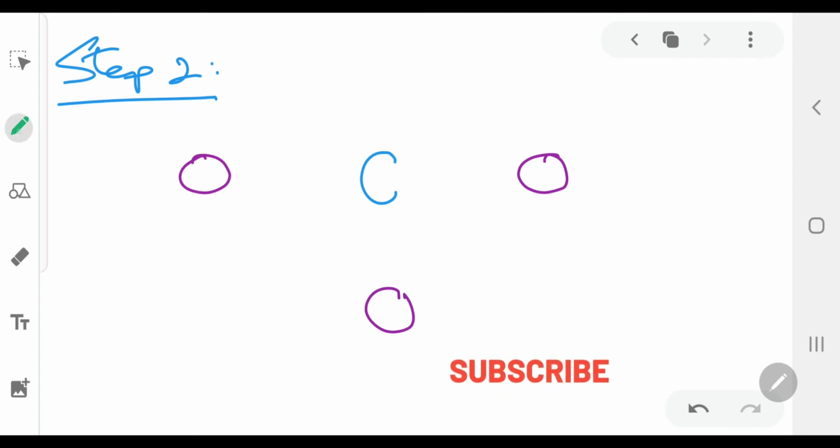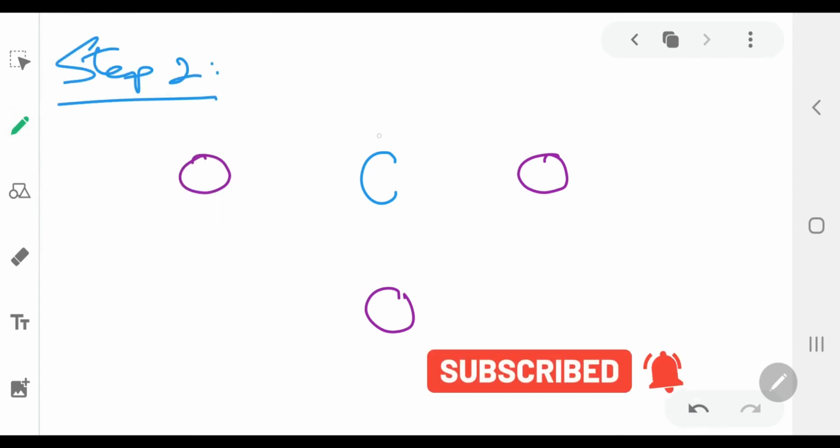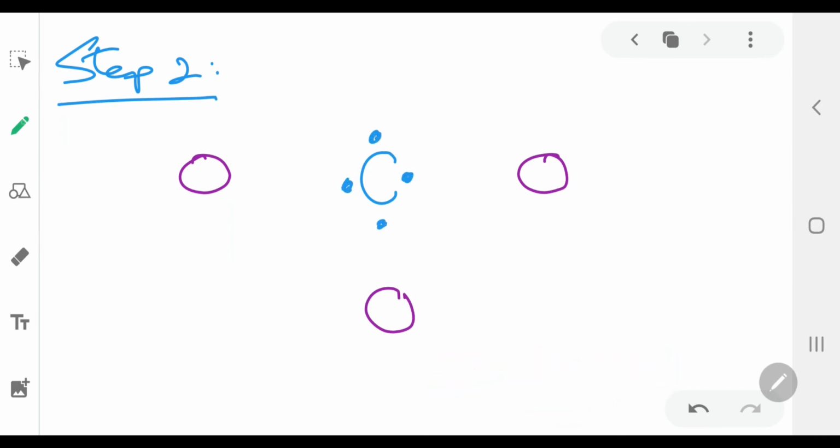Okay, so we do know that carbon has 4 valence electrons, so that is the Lewis dot symbol, and oxygen has 6, equally distributed like that.